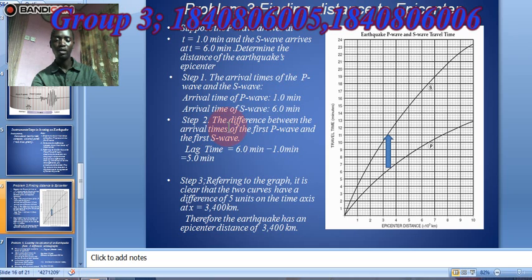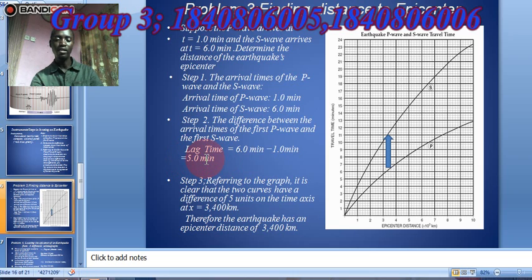The second step is to find the difference, or the lag time, between the arrival times of these waves. So here is 6 minutes minus 1 minute. It will give us 5 minutes. Then step 3, we will now refer. Okay, there is one thing we do. Once you have calculated this lag time, you are going to draw an equivalent unit of what you just calculated.